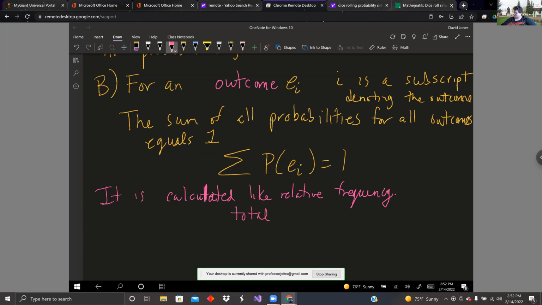Total number of occurrences of E over the total number of total outcomes in the set, or total outcomes in sample space.